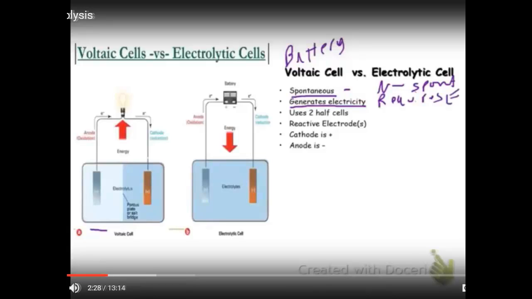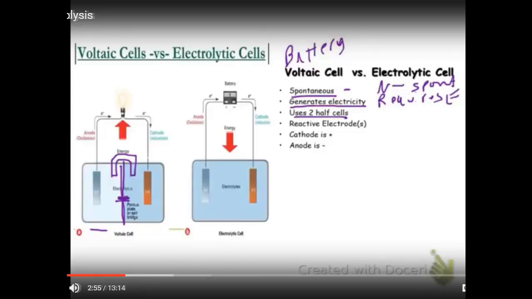Now, the voltaic cells usually have two half cells. Not always, we've been drawing them with a salt bridge. But you can also have a porous plate that separates a cell and allows the salts to go from one chamber to the other. Okay, so usually voltaic cells you'll see as two separate cells, or you'll see as this porous membrane.